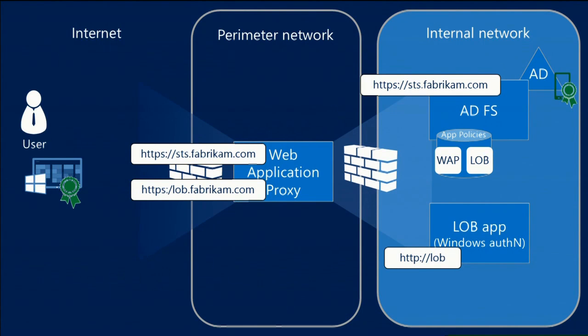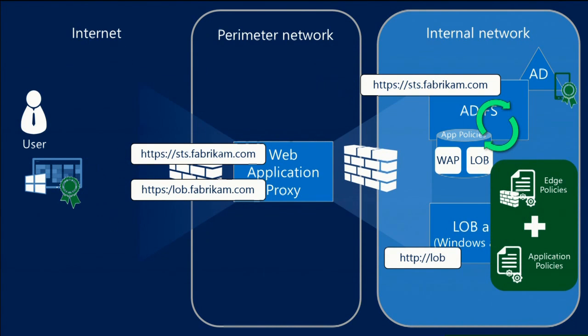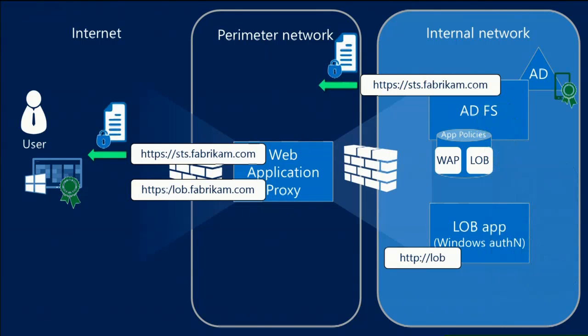So let's further continue. That's going to be the typical flow. There's a request coming in for that line of business application. It's getting redirected over to STS for evaluation. STS or ADFS is doing some computation to see if the device needs to be registered to gain access to that application, and if we need to challenge the request to hand over the certificate. In the first handshake, that's exactly what's going to happen.